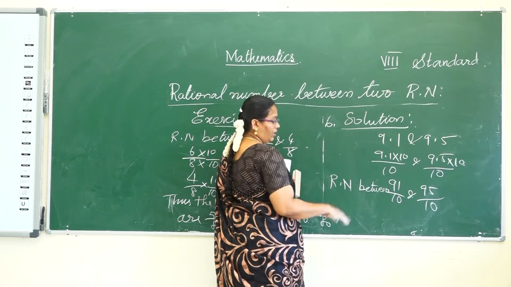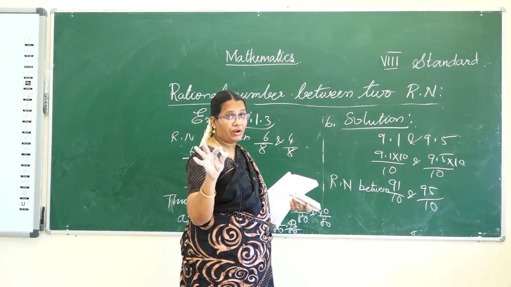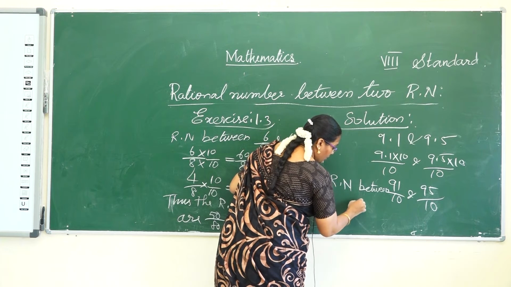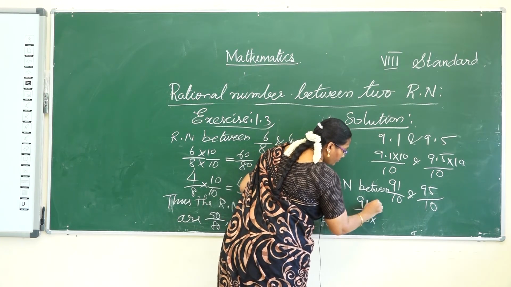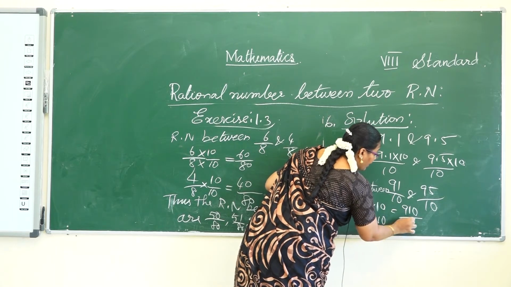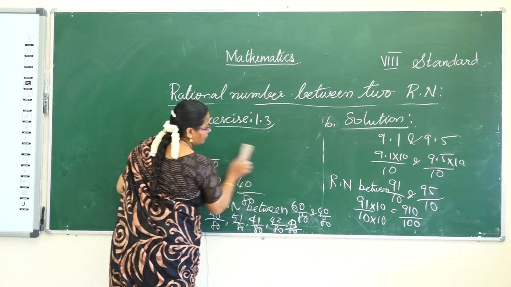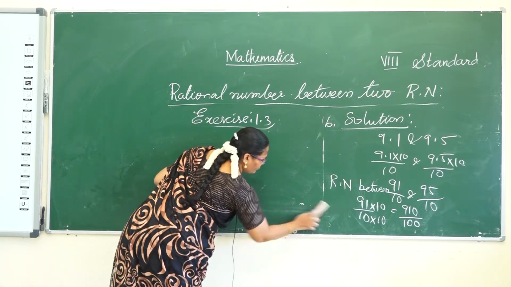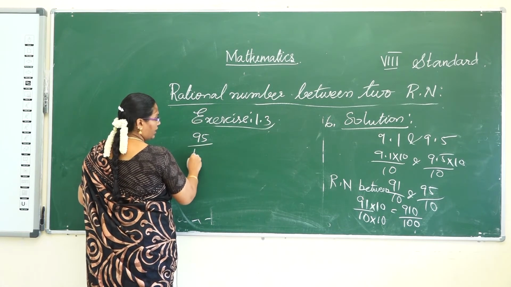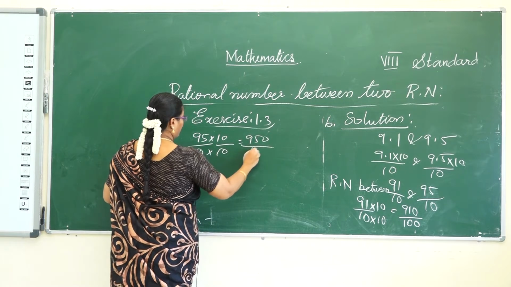The numerator, how many numbers do we want to write? 5 rational numbers. So multiply numerator and denominator by 10 again. So 91 by 10 into 10, 910 by 100. And next one, 95 by 10 into 10, 950 by 100.